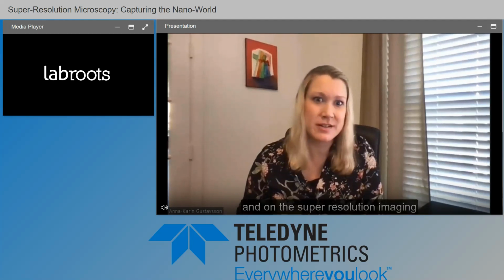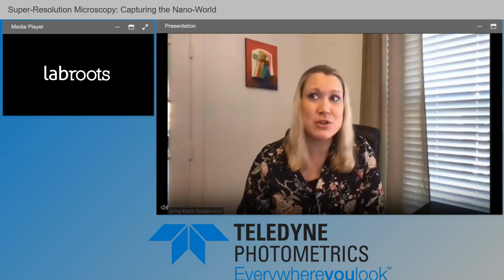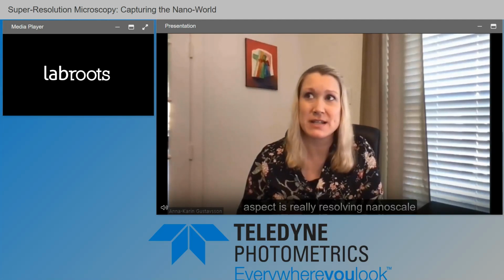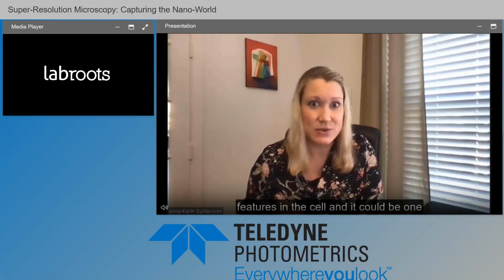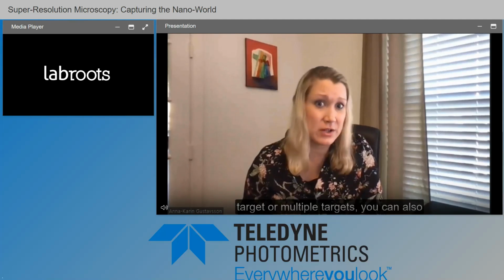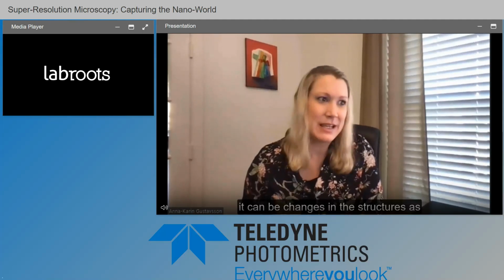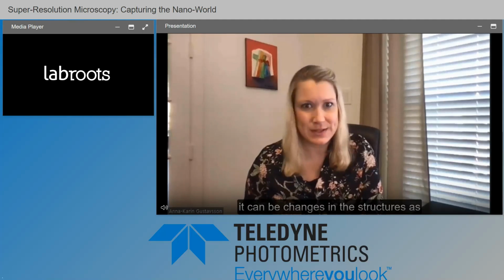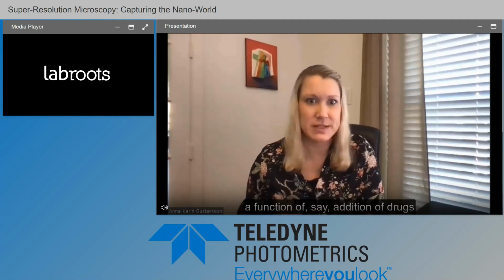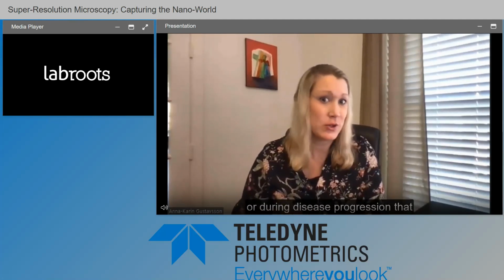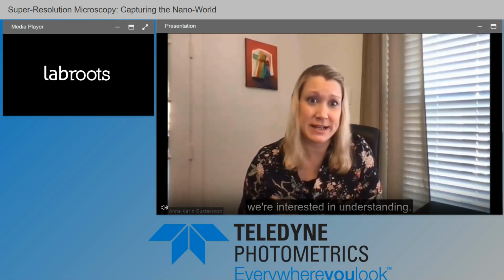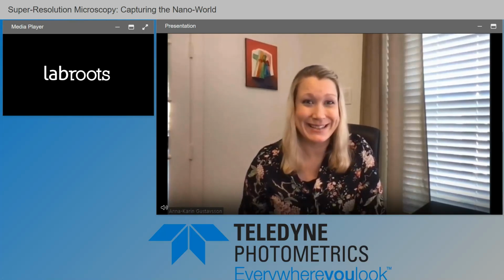And on the super resolution imaging aspect, it is really resolving nanoscale features in the cell. It could be one target or multiple targets, to see also colocalizations and interactions. It could be changes in structures as a function of, say, addition of drugs or during disease progression that we're interested in understanding. So yeah, there are many benefits, but of course also many challenges.